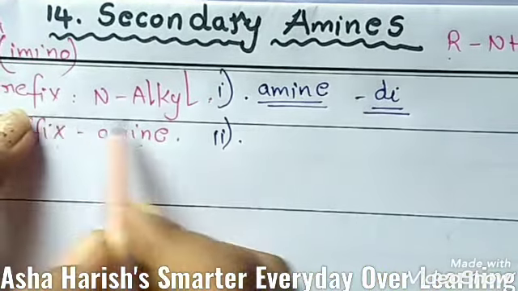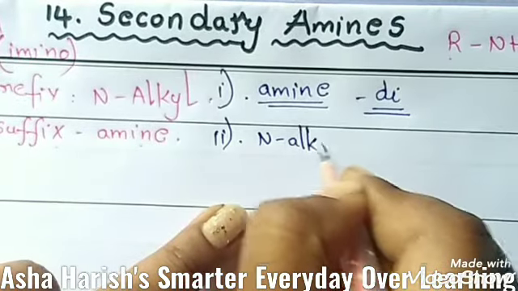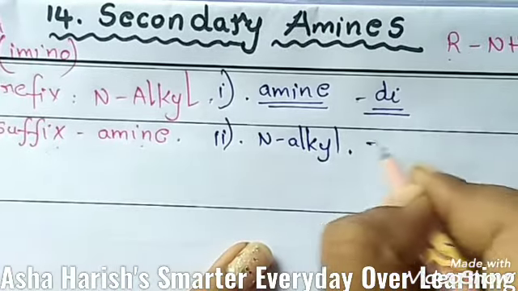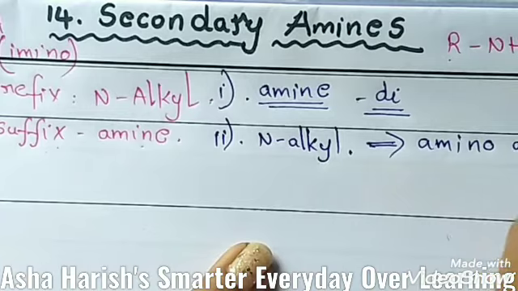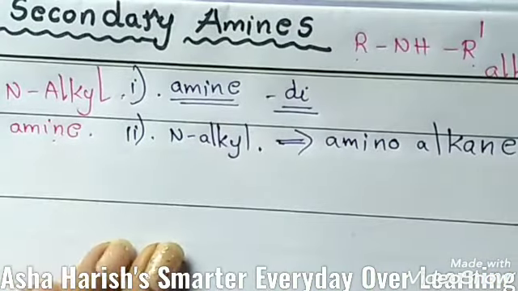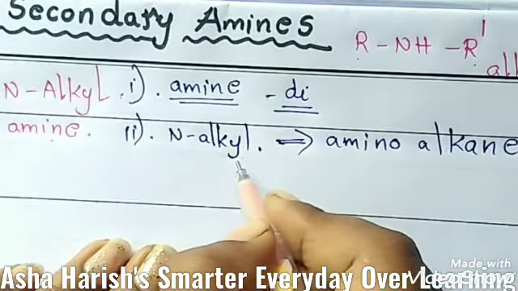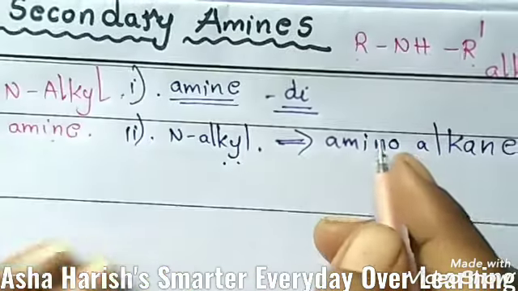This prefix I told you, N-alkyl: add the prefix N-alkyl before the name of the amino alkane. The smaller alkyl group forms a part of the N-alkyl group, while the larger alkyl group forms a part of the alkane. Same, just like this only.